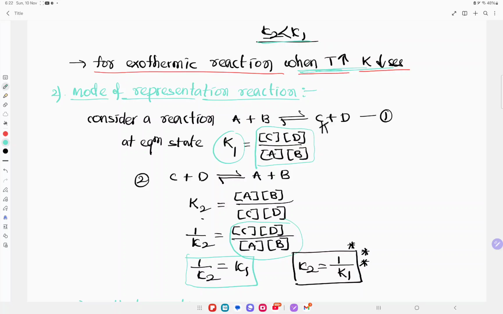So the equilibrium constant for this reaction is the molar concentration of C into D by the molar concentration of A into B. If the reaction appears in the reverse form, then its equilibrium constant becomes K2. What is the relation between K1 and K2? Whenever the equation is reversed, the equilibrium constant becomes inverse.